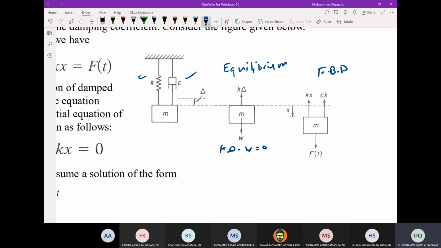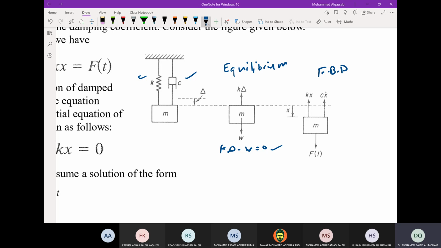The weight is removed because we use the fact that the weight equals K delta, so you don't see the weight here. You can do the same thing for any problem that is supported vertically against gravity: the weight will be removed from static equilibrium.